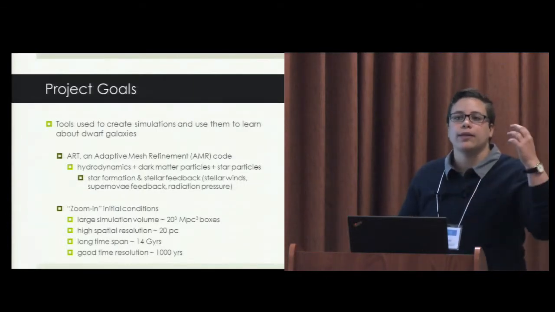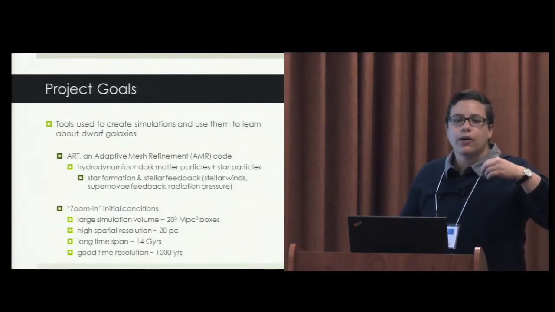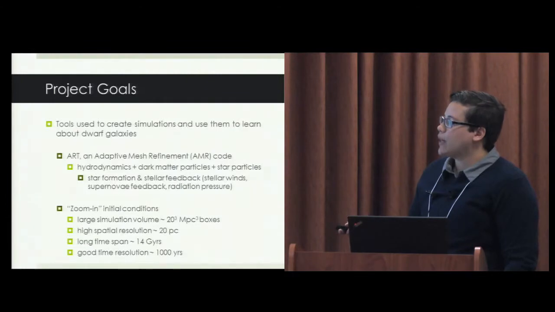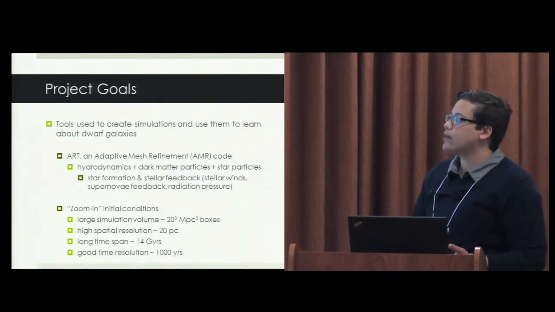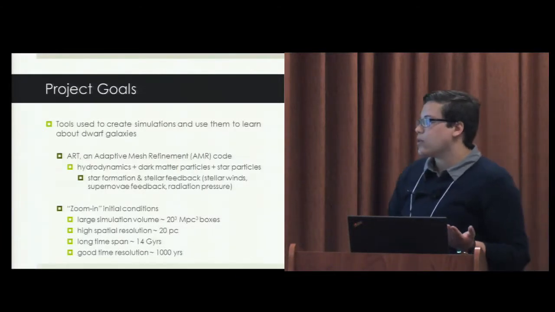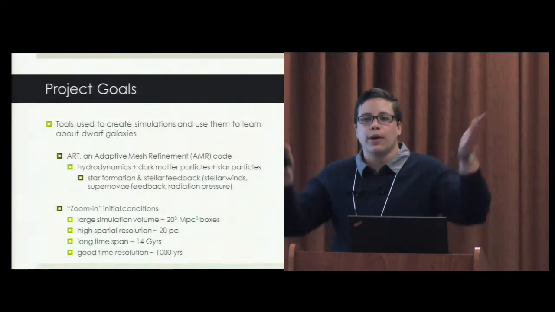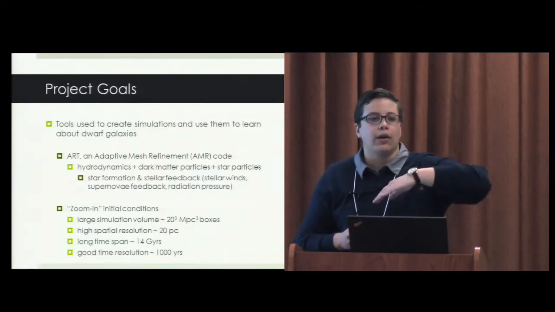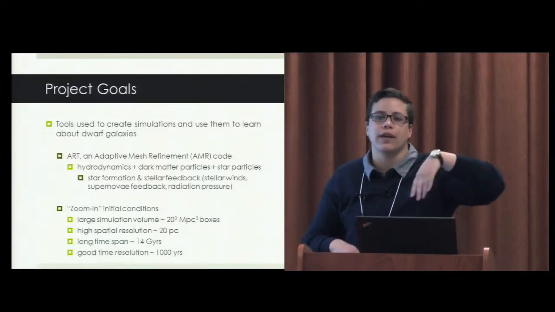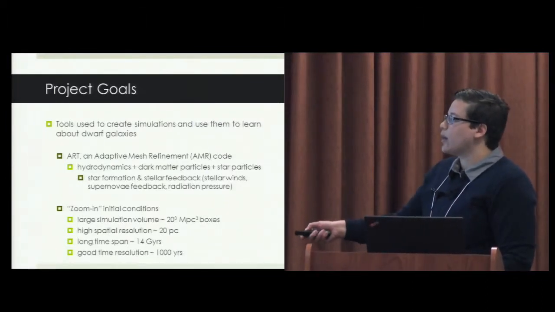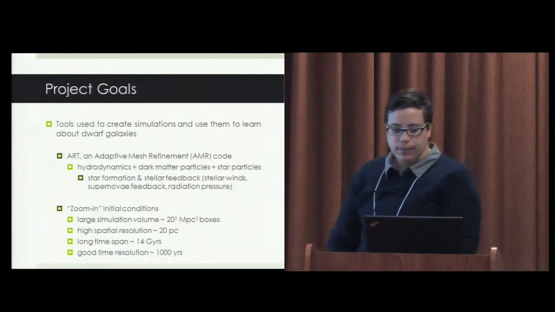We place our highest resolution dark matter particles in that central region, and then we are able to achieve both the large simulation volume and the high spatial resolution that we need to track dwarf galaxies. That also allows us to run for the age of the universe while also having good time resolution on those lowest levels. In our tree code, we have multiple levels of refinement, and in the central region of the galaxy, that's where our lowest levels are.